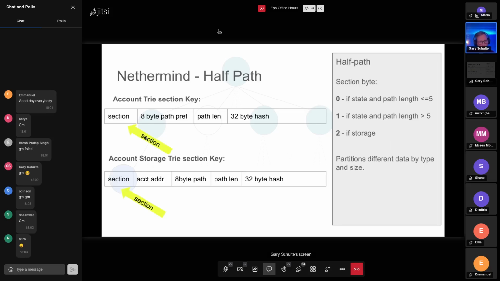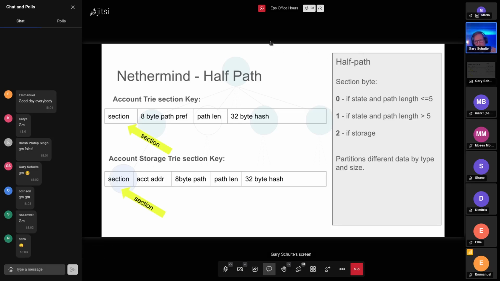So just a quick bit about the section. It's a byte, but there's only 3 different values, as I believe. Again, not an expert, but if it's a hot section of the tree, near the top of the tree where you're going to constantly be getting changed hashes, changed values, and so forth, that path length would be less than 5.